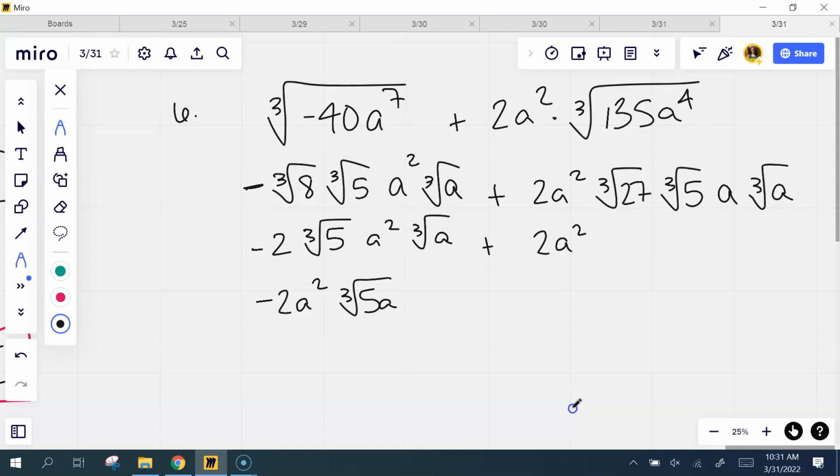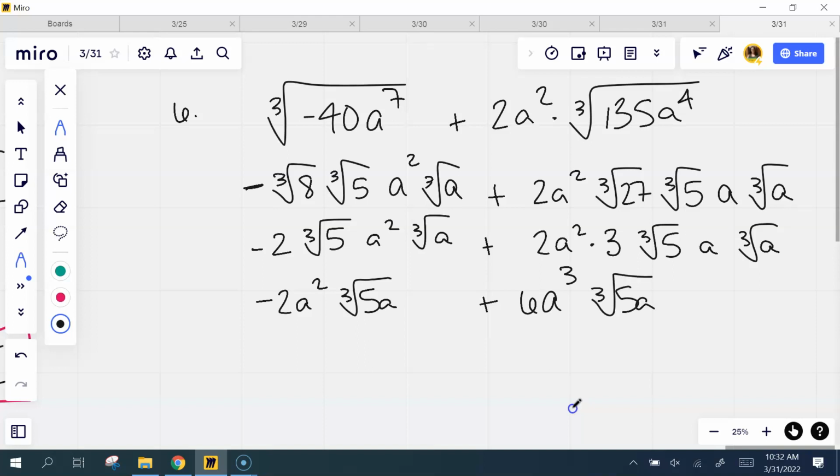The cubed root of 27 is 3. I've got cubed root 5. I've got a, and I've got cubed root a. So now I have 6a cubed and then cubed root of 5a.